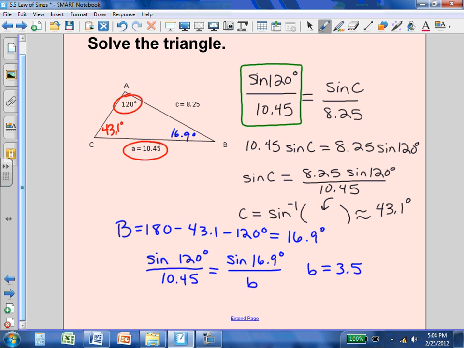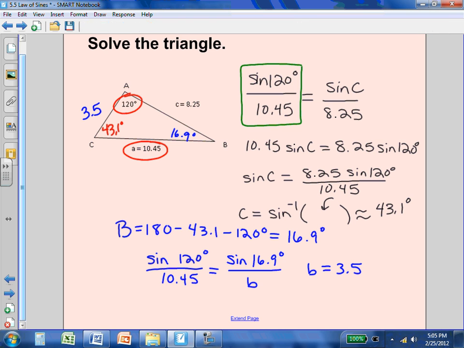So I want you to notice something up here on the triangle. Where we have the largest angle, angle A, it is across from the longest side. 10.45 is bigger than both 3.5 and 8.25. So 8.25 is kind of our middle-sized length.